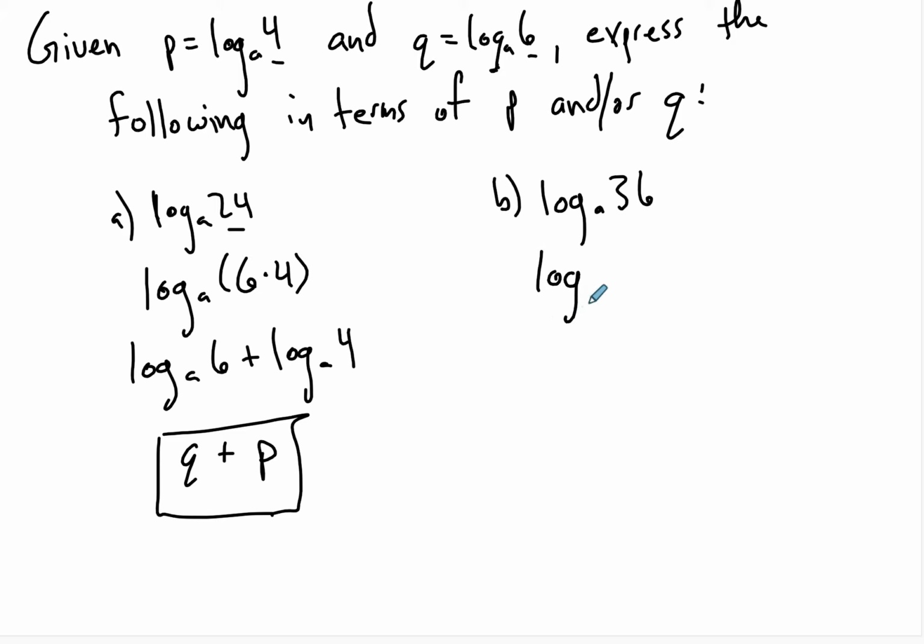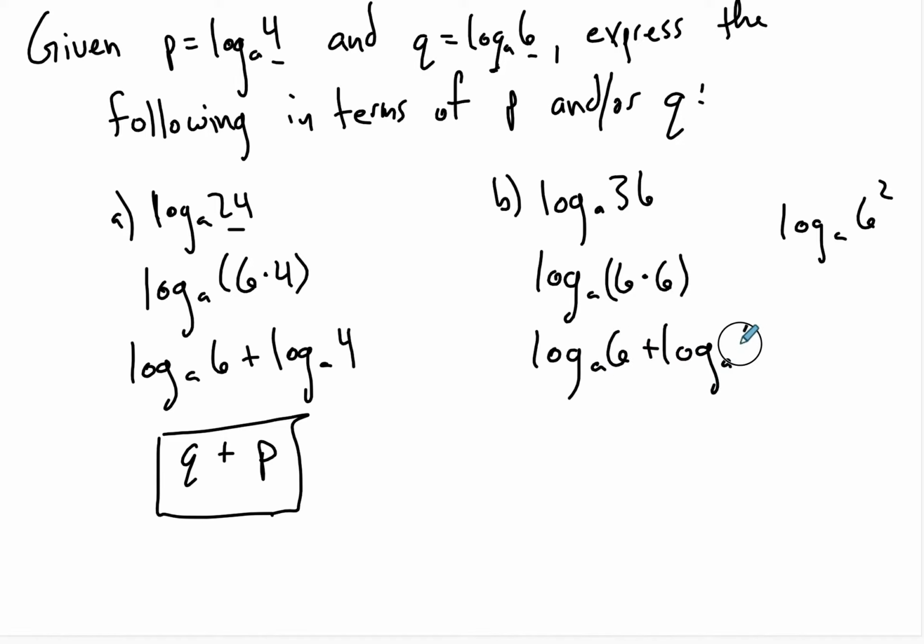So here, if I were to break this down as saying log a of 6 times 6, or alternatively, you can get the same answer by expressing this as log a 6 squared. Now you can figure that one out on your own if you'd like. I'm going to show it this way, just like the part A, where we have log a of 6 plus log a of 6.